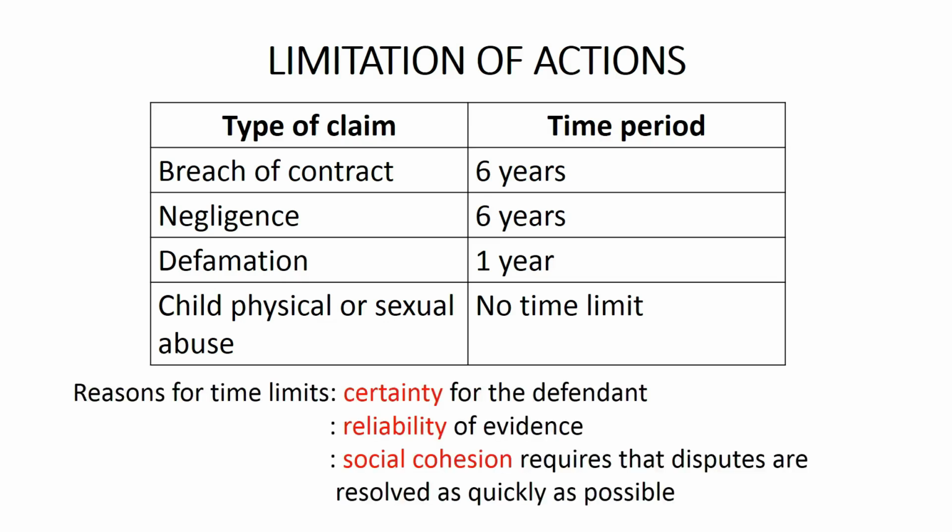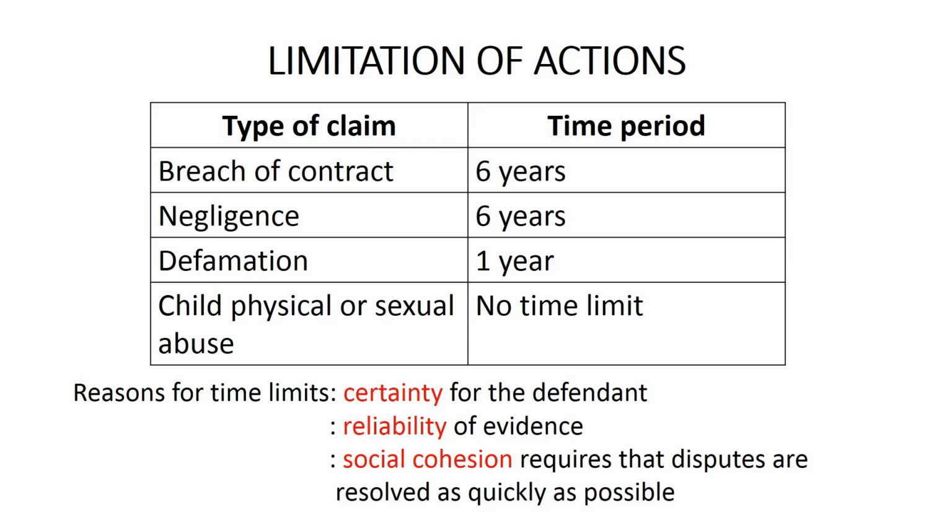There are a number of reasons for limiting the time within which a plaintiff must initiate a civil claim against a defendant. First, this provides certainty for the defendant. The defendant will not have a potential claim by the plaintiff hanging over their head for years and years. Second, the longer the plaintiff takes to bring their claim, the less reliable is the evidence likely to be, at least where that evidence is the evidence of witnesses.